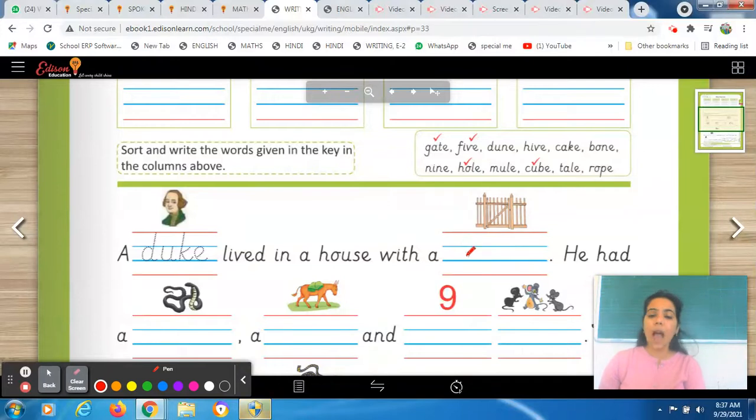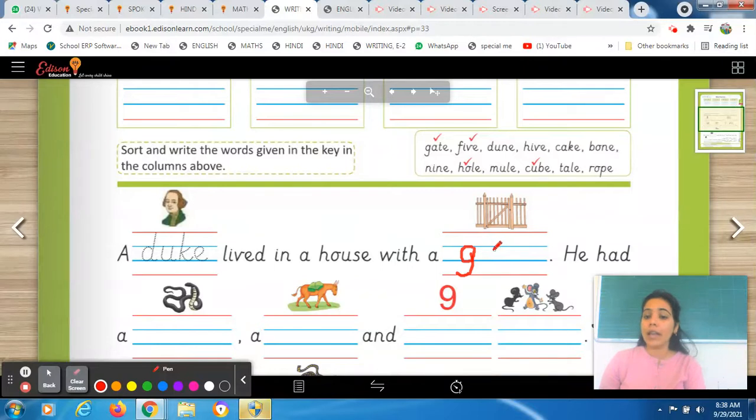Take your pencil in your hands and try to write the spellings on your own. Students, you don't have to take help from the helping box first. The helping box is for your help, but try to do it on your own. You will use the helping box to cross check your spellings, not to copy them. So, gate. What is the first sound? It's G, so write G over here.